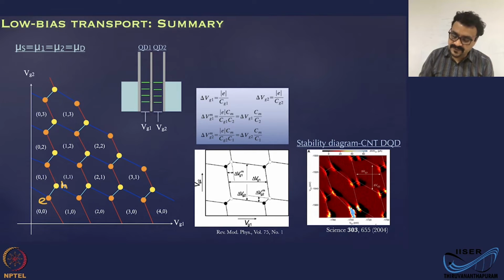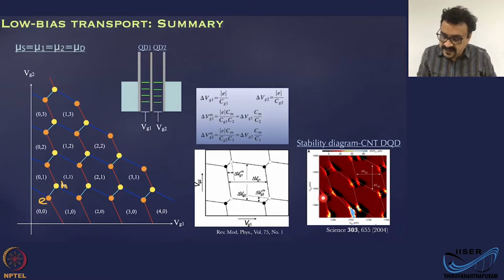From the geometry of these hexagons you can extract the capacitances associated with various gates of the dot. That also we discussed. And this is an experimental charge stability diagram for a carbon nanotube double quantum dot, where two quantum dots are realized in a carbon nanotube.